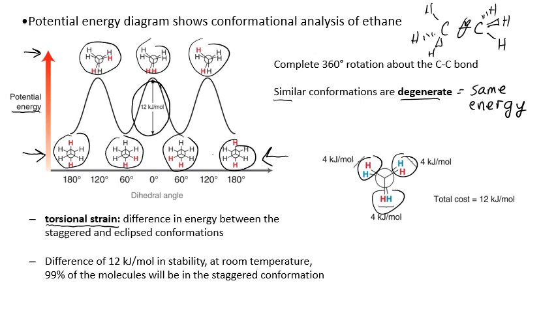So the total cost is 12 kilojoules per mole for an eclipsed interaction for ethane. Now this is going to change when we start adding different groups on our hydrocarbon. But for now, let's just try to understand the basics of this energy difference. It's due to torsional strain.